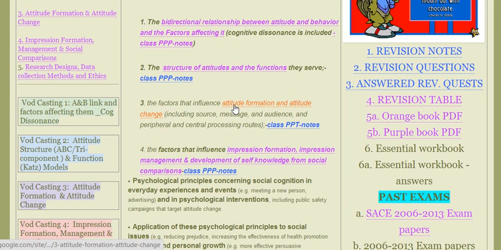We're going to discuss how this change in our attitude can be manipulated by people or companies who advertise and try to influence our attitude and hence behavior in multiple ways, including the source of the message itself, and different ways to approach us according to our age or the cultural group we belong to as an audience.